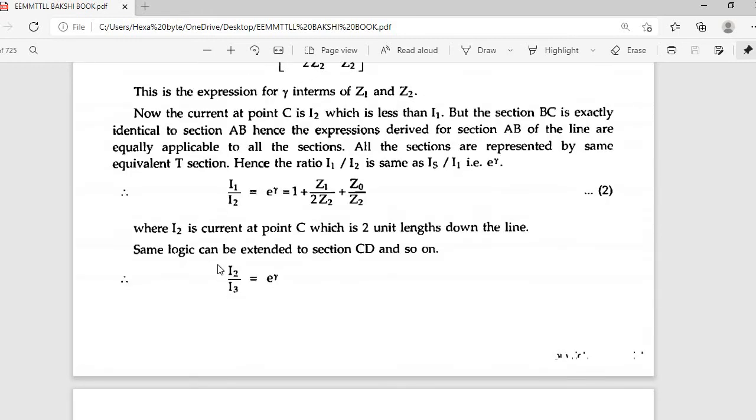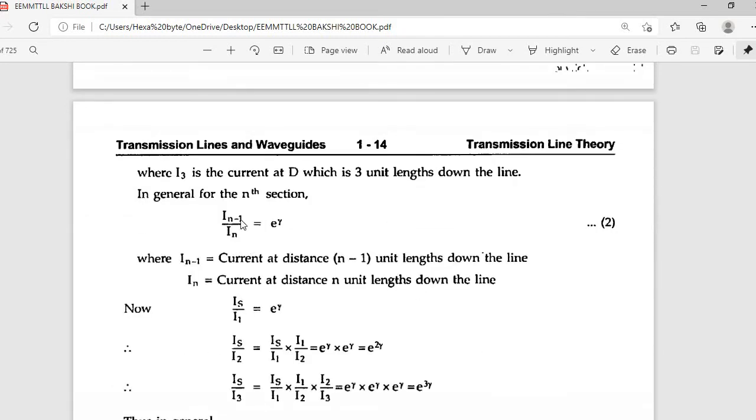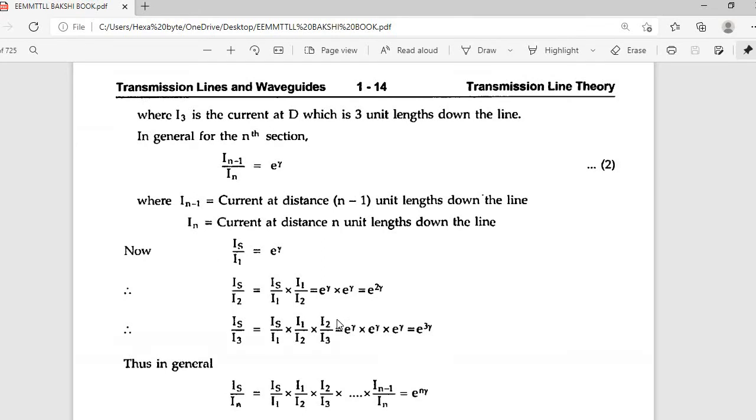Similarly I2 to I3 is also e power gamma, and so on up to the n minus 1 by n section. In every section, the ratio of one current to the next is e power gamma.